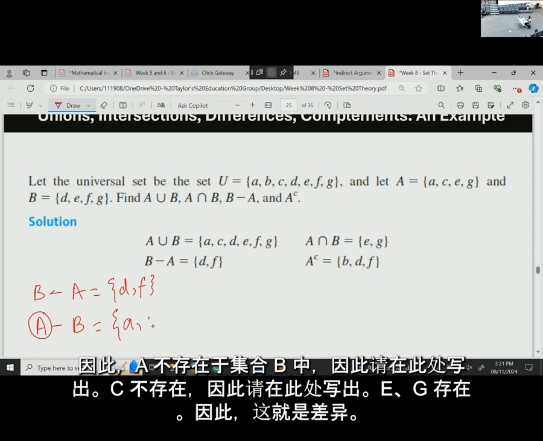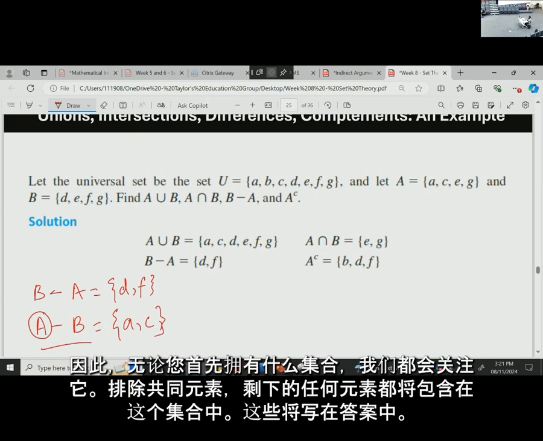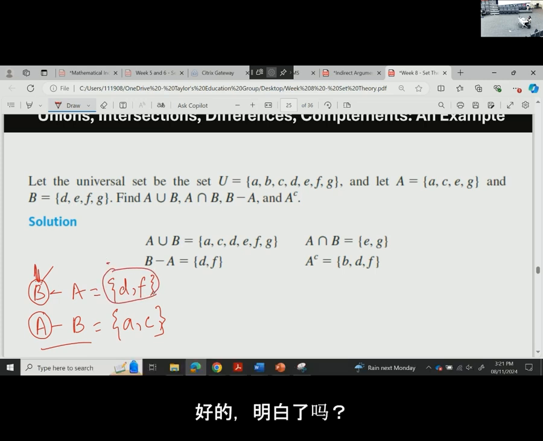C is not present, you will write that over here. E, G are present, so they are excluded. This will be the difference. So whatever set you have first, you will focus on that, exclude the common elements, and whatever you are left with in this set will be written in the answer. Okay. Clear?